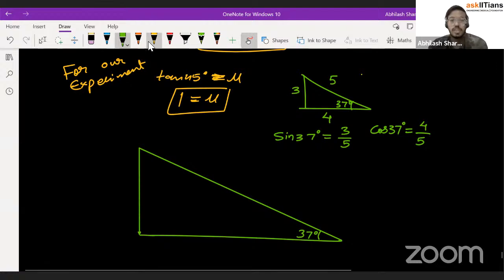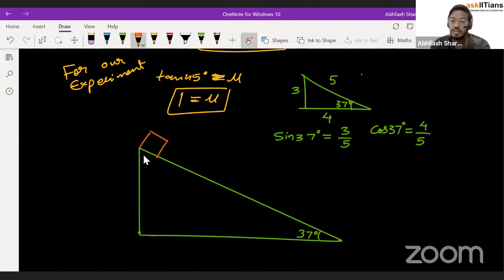Okay, now what I do is I keep a block on this incline. Its mass is not given to us for some reason, maybe you have to figure that out. The mass is not given. And we are being told that the coefficient of friction, mu, is 0.8.